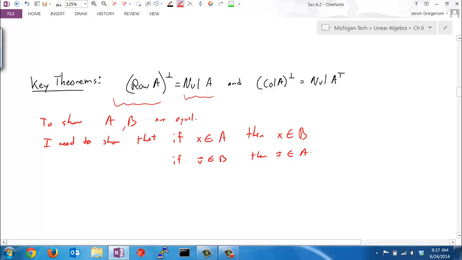All right, so I show that they're subsets of each other. This is a subset of this, and this is also a subset of this. If I show both of those things are true, then they must be equal. That's why I'm showing that they contain the same stuff.